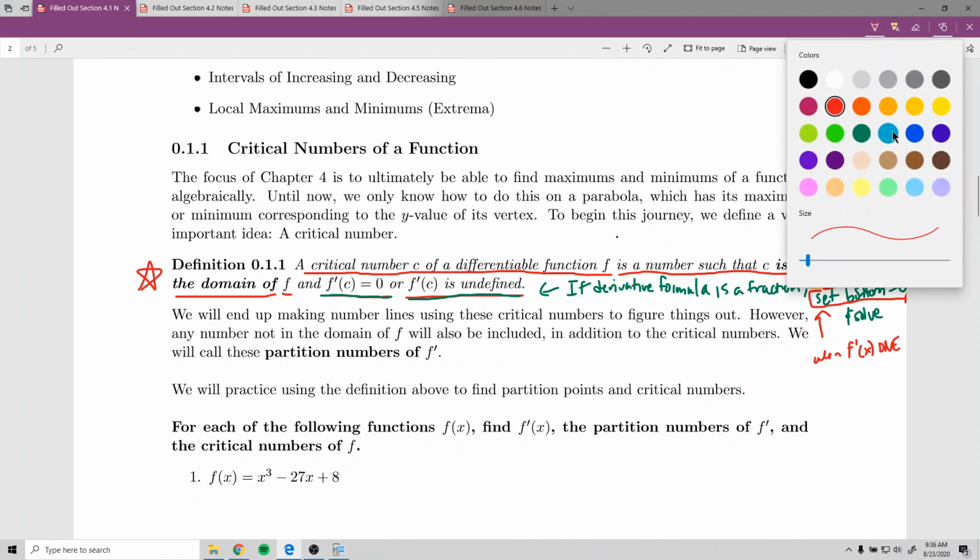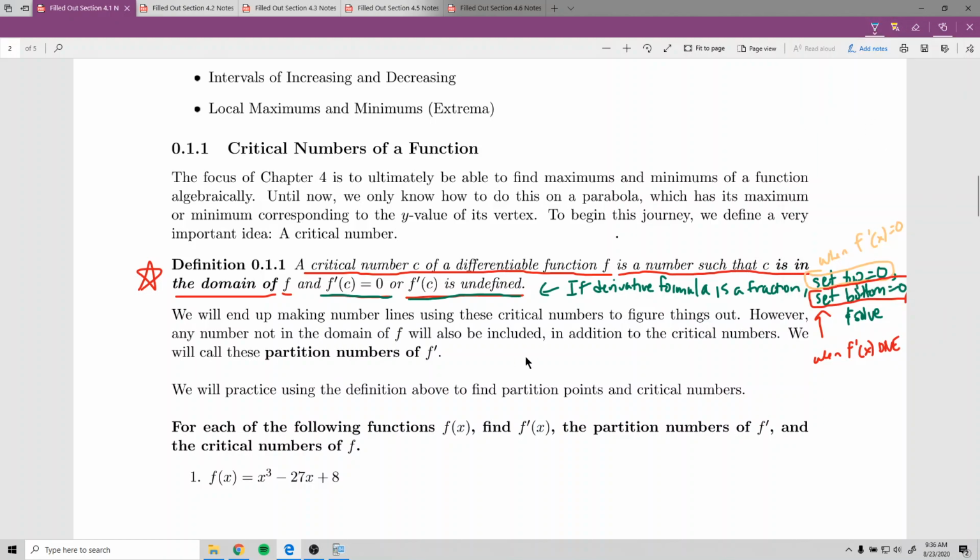So when you do that, you'll actually find all of the partition numbers. We will end up making number lines using these partition numbers to figure things out. However, any number not in the domain of f will also be included, in addition to the critical numbers.